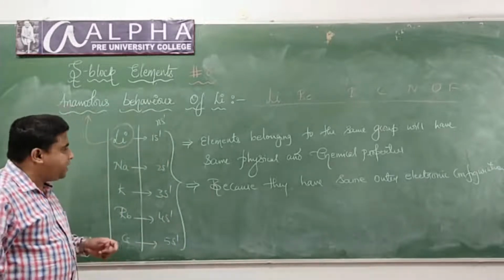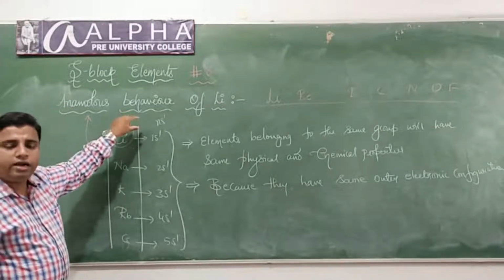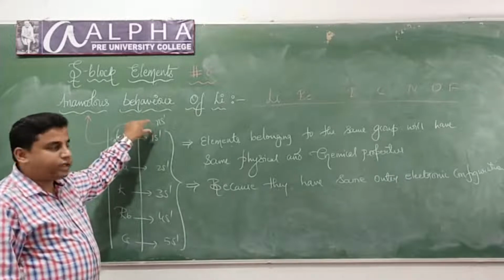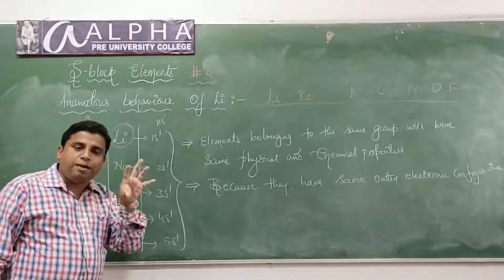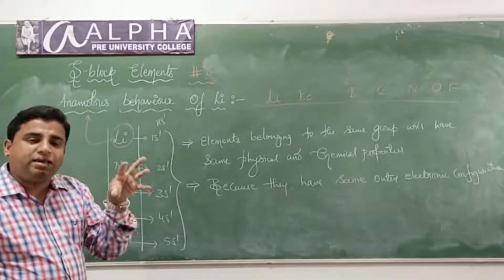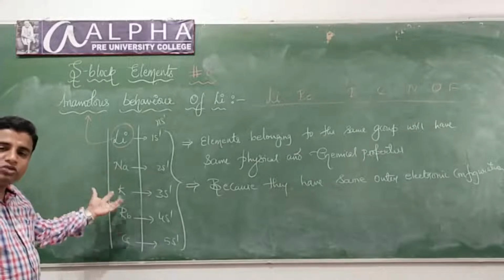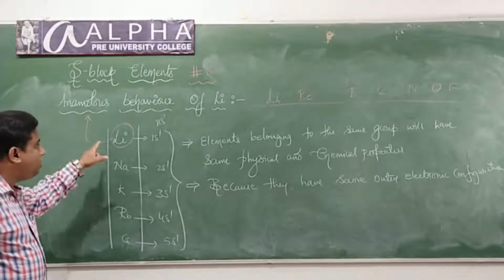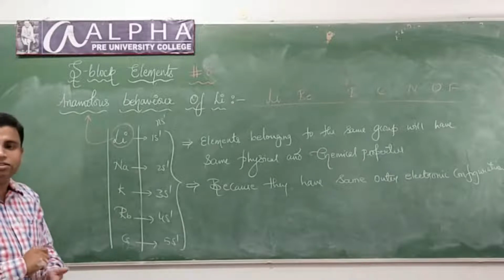So I mean to say, even though lithium has the same general outer electronic configuration, lithium exhibits certain properties which are different from the properties of the rest of the alkali metals. So we call this anomalous behavior of lithium.